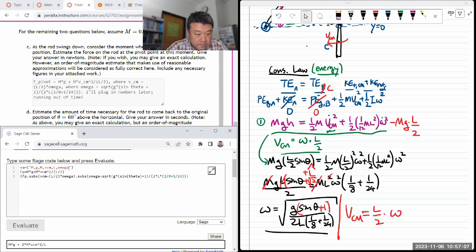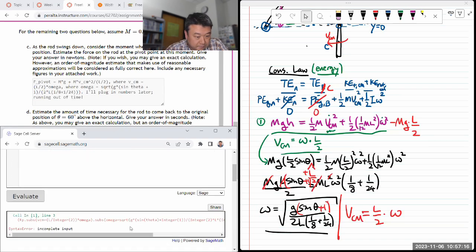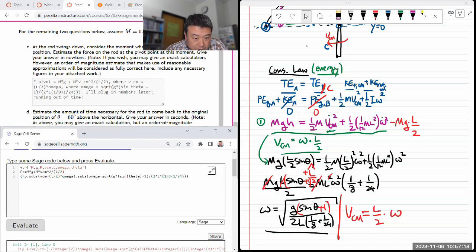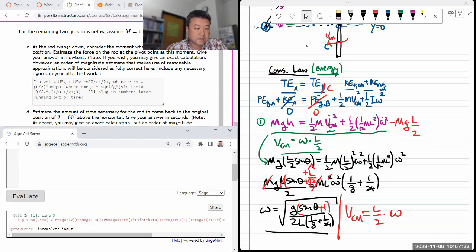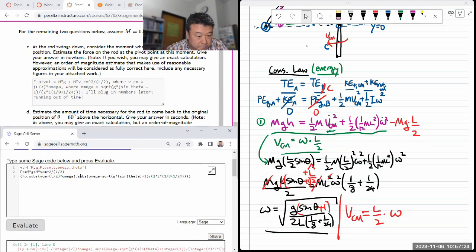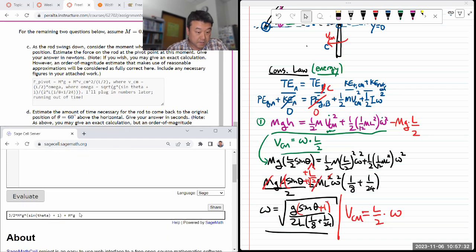Okay, I need the symbol for theta. So let's see if that gives me something that's an expression. Incomplete input. Okay, I think I was missing a parenthesis. Oh wait, I need one more parenthesis there. All right. Okay, so I have some expression there.